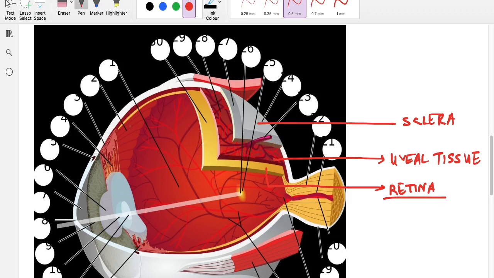But the important thing is the retina is the light sensitive part in our eye. The light from outside falls on the retina, and the retina contains the light sensitive element and the nerve fibers, and from the retina the visual information is transferred to the brain via this structure.